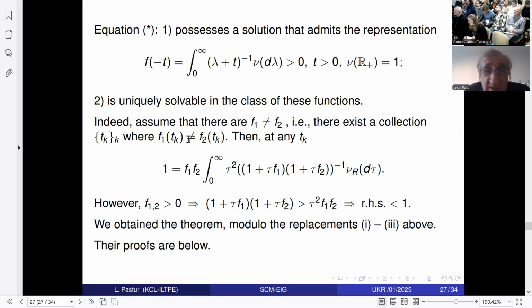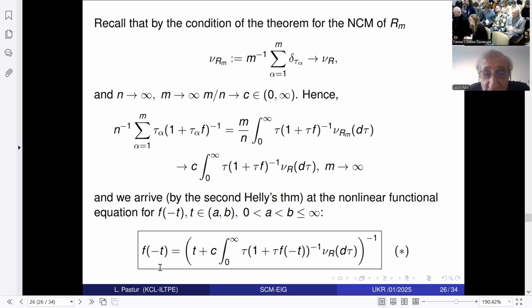Let's assume that there are two solutions, the standard way, yes? What does it mean? There is some number of values of the argument, maybe continuous, maybe discrete, for which these two functions do not coincide. Let's write the equation for both of them and subtract one from another.